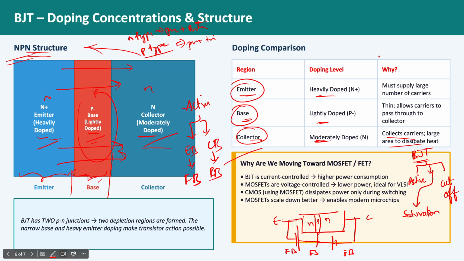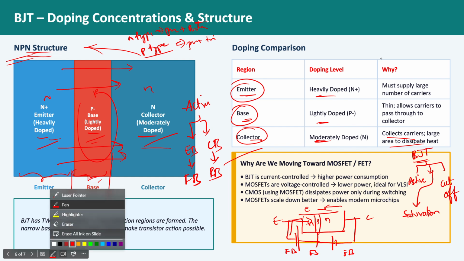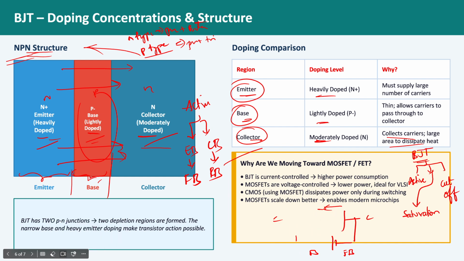The electrons are trying to move from emitter to collector and from collector to emitter. So both are trying to move towards the junctions. They will recombine, and the current in the output is going to be constant. So there is no further increment in the output current in the saturation region.